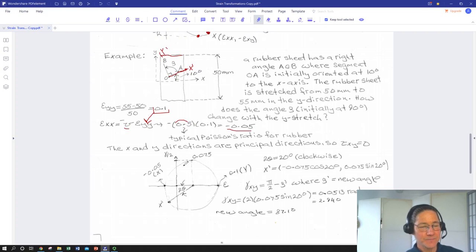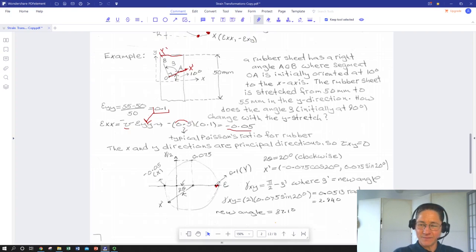0.05. So we can come over to our Mohr circle and say, okay, we're going to plot Y here, as Y is a principal direction. There's no shear, there's no imposed applied shear strain in the Y direction.